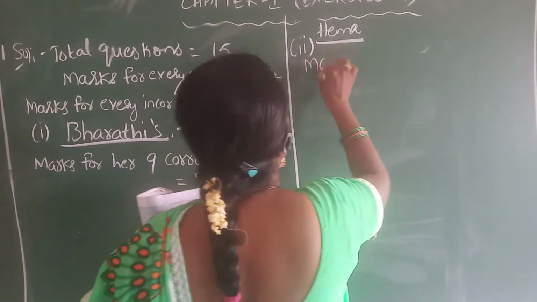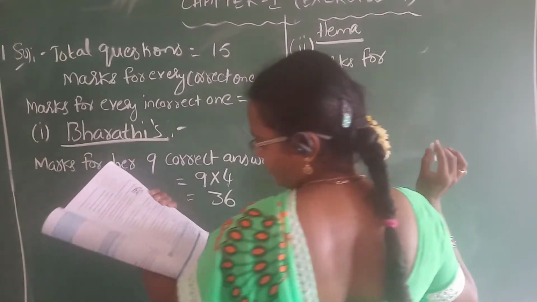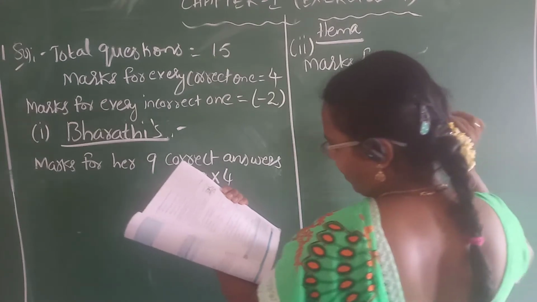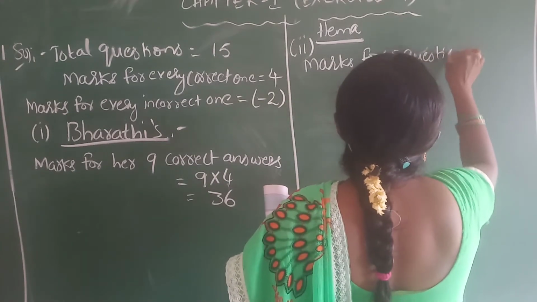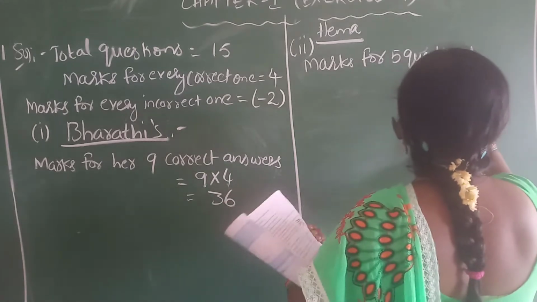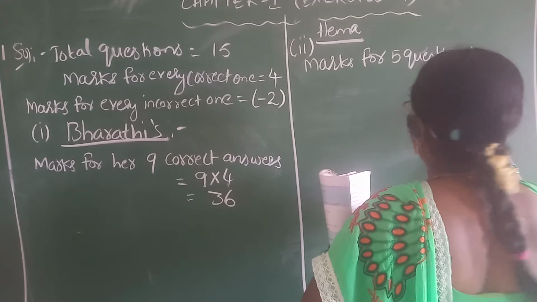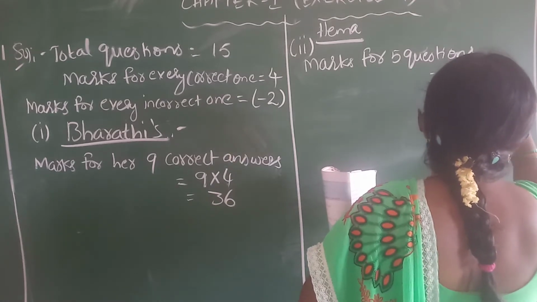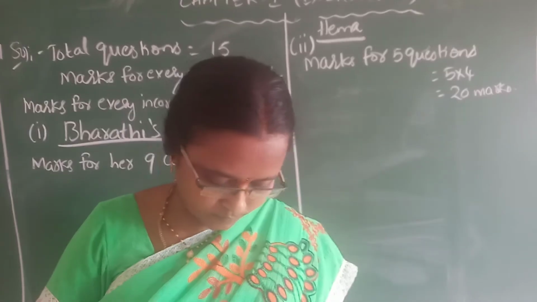Marks for 5 questions is equal to 5 into 4 is equal to 20 marks. Very simple question. Very easy and simple questions.